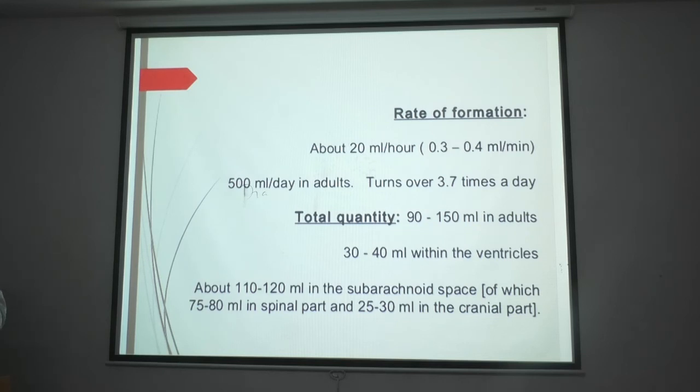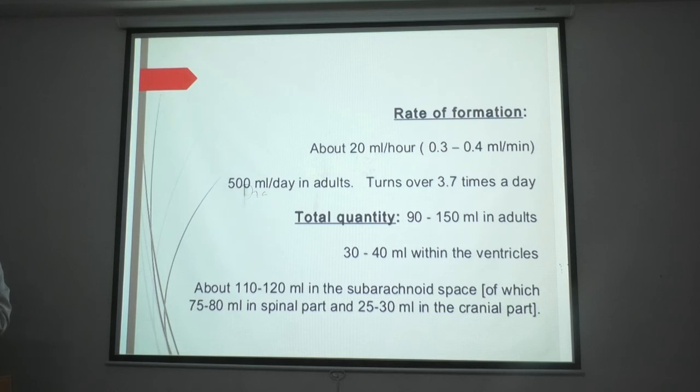So the total is 90 to 150 ml; out of that, 30 to 40 ml is in the ventricles, and the remaining is in the subarachnoid space. Out of that, 75 to 80 ml will be in the spinal part, and the remaining 25 to 30 ml will be in the cranial part.